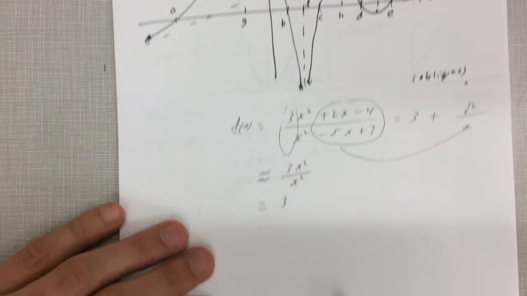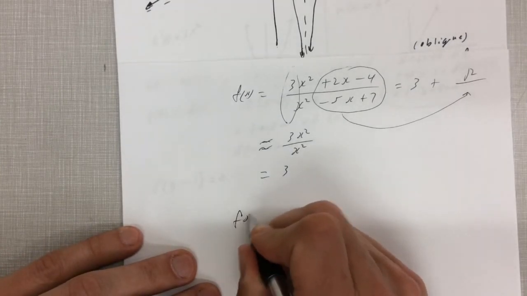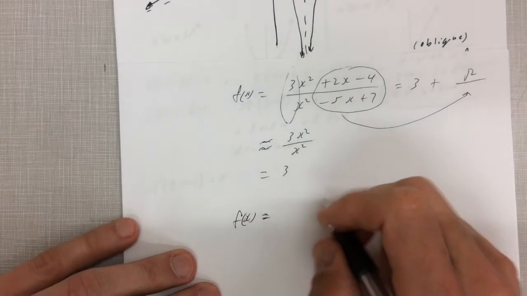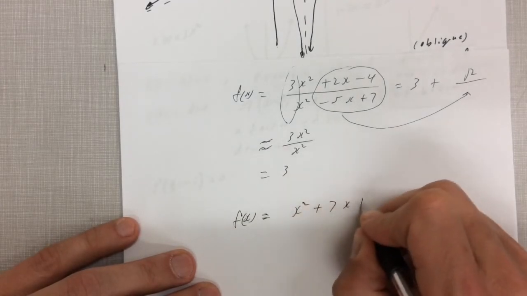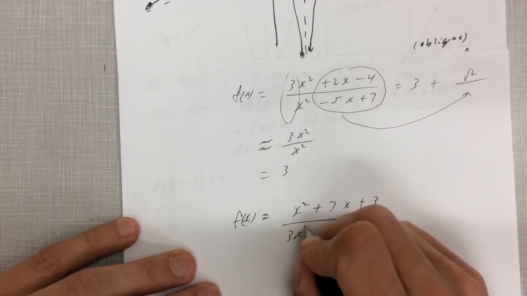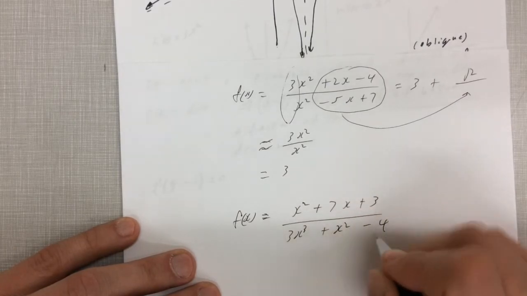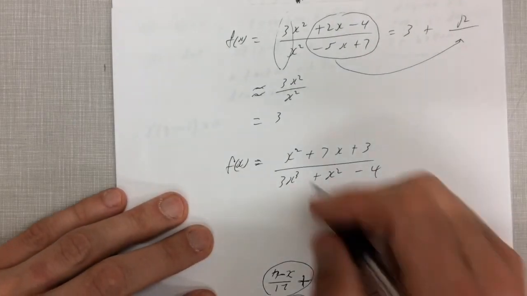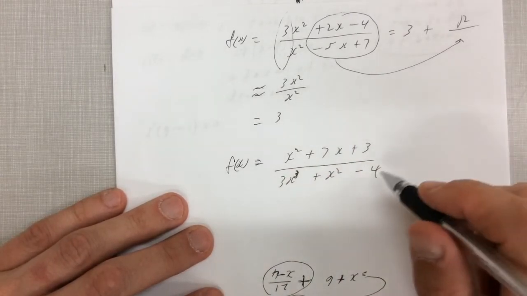Okay, if the denominator is higher degree than the numerator, so say you have f of x equals x squared plus 7x plus 3 over 3x cubed plus x squared minus 4. Well, basically, same sort of thing happens here.